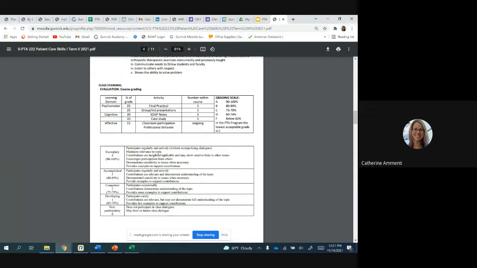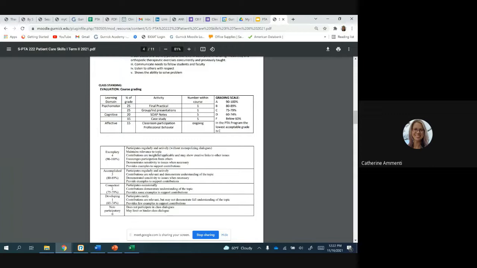If you don't have it, then there's no points given. I don't deduct points unless you're late for an assignment. If you're late turning in a SOAP note assignment, then 5 points will get deducted automatically right off the top. That's the only time I'm going to deduct points, is if something is late.